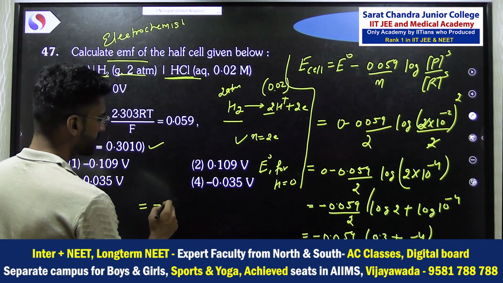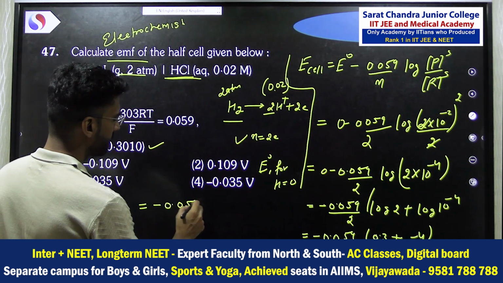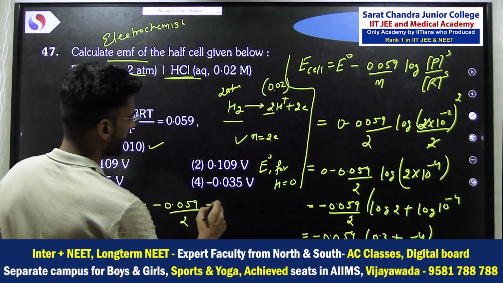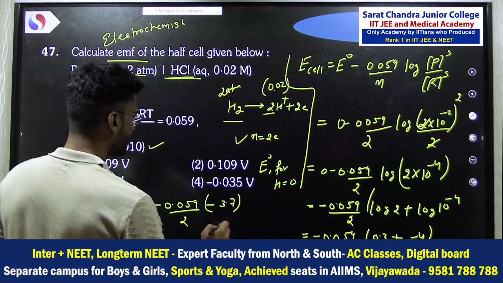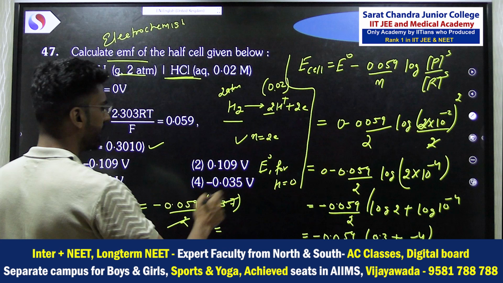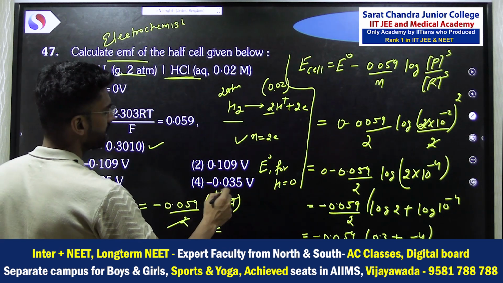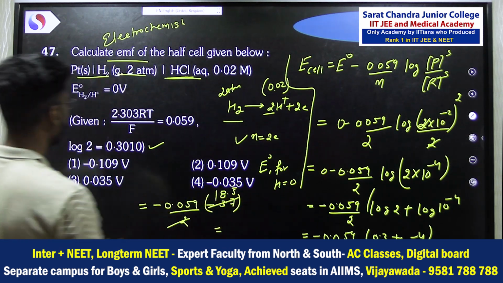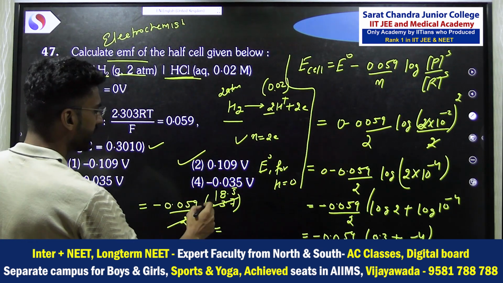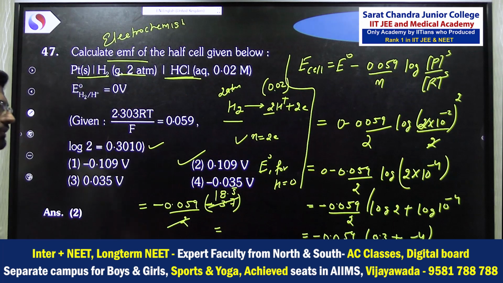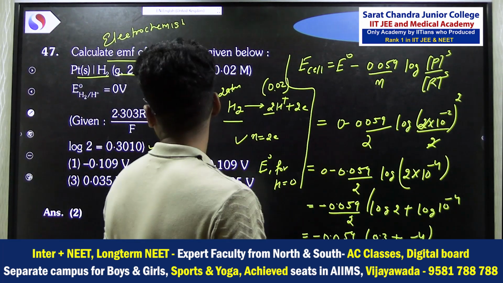So it is minus 0.059 divided by 2 times minus 3.7. If you multiply this, or if you divide this first, it will be 18.5 something. If you multiply this, you will get exactly the answer 2. Minus will be converted into positive. So simple question it is.